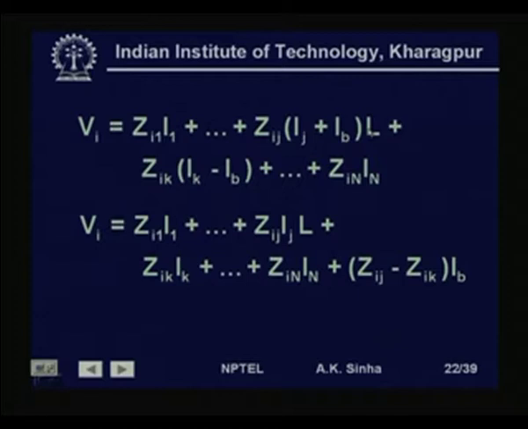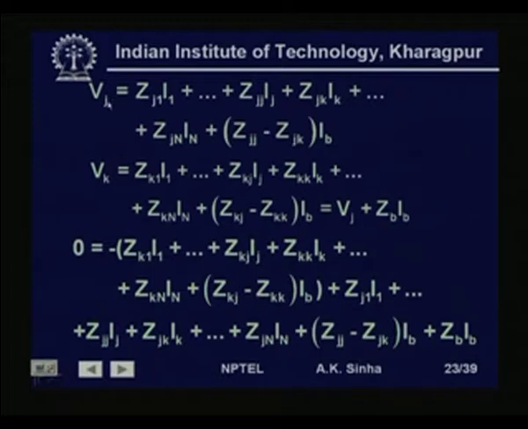So, this dot dot dot plus Zik plus dot dot dot plus Zin plus what we will get, Zij Ib minus Zik Ib. So, Zij minus Zik into Ib. This is what we have got now for this Vi.